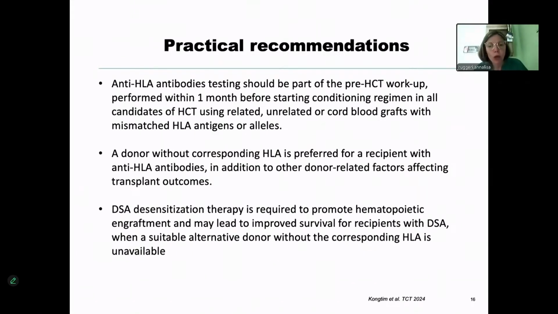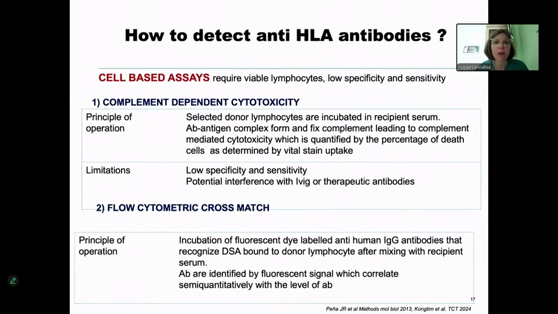And we will discuss also some possible strategies for the DSA desensitization therapy to foster the neutrophil engraftment and improve survival for a recipient with DSA when a suitable alternative donor is not available.